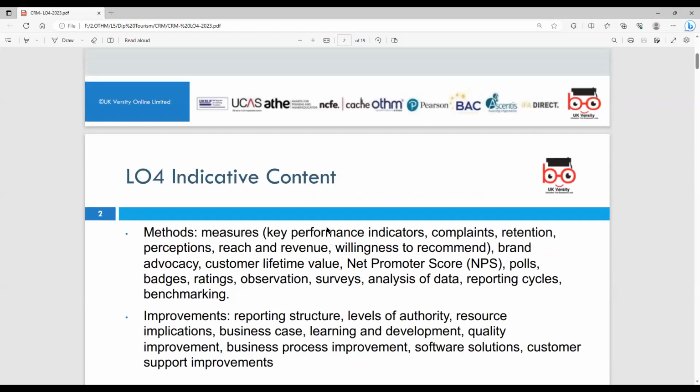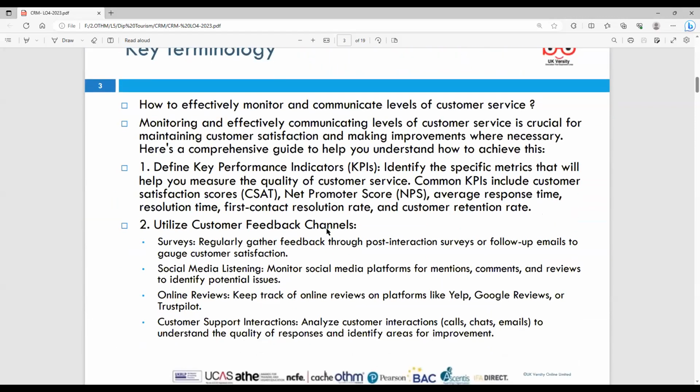We will be using specific metrics to measure the quality of customer service. Common KPIs are satisfaction scores, net promoter scores, resolution time, response time, and so on.